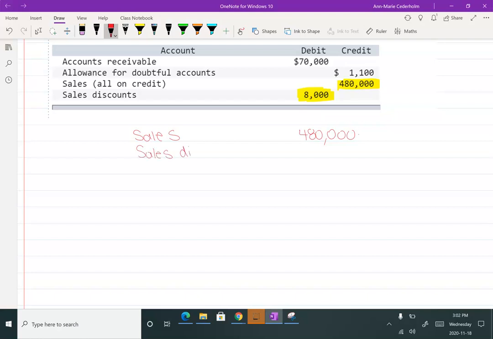And if you had sales returns and allowances, you'd put that in there as well. So remember, it's just your credit sales minus the sales discounts.